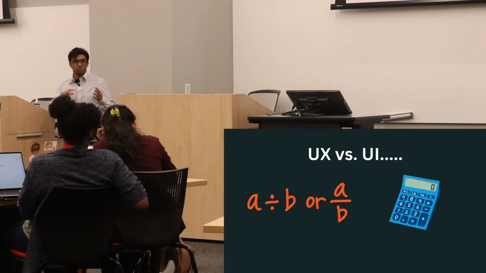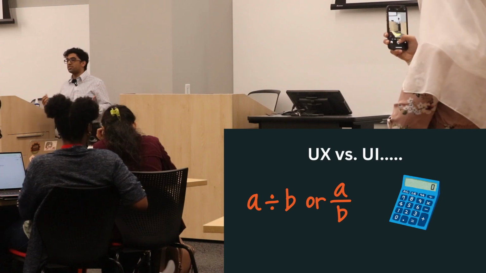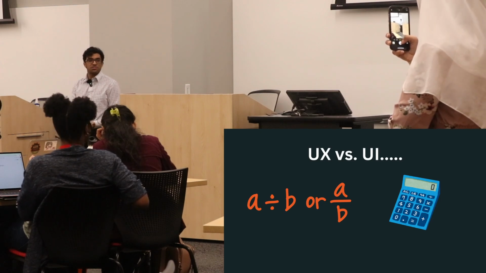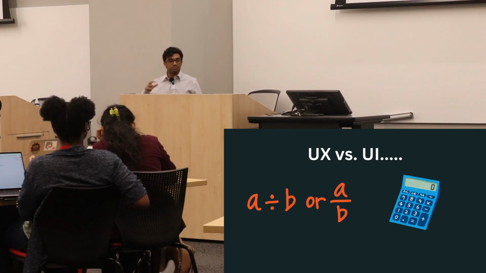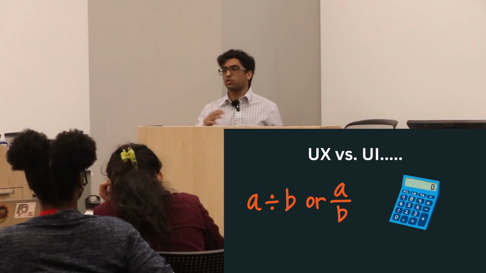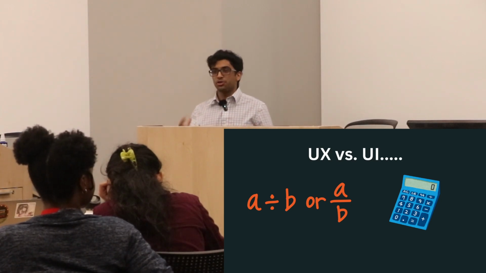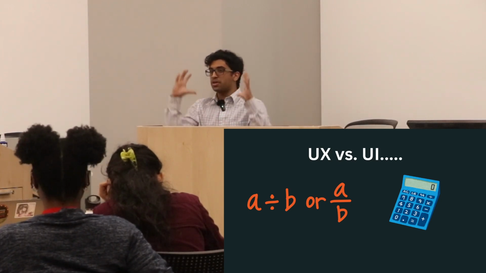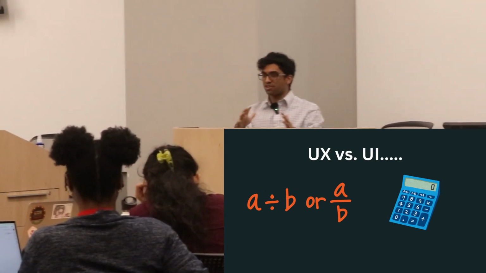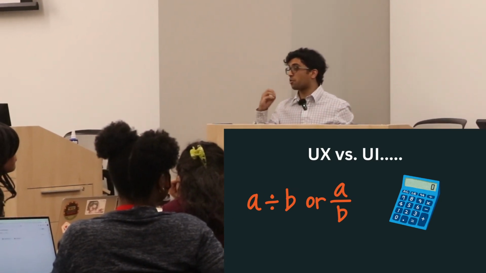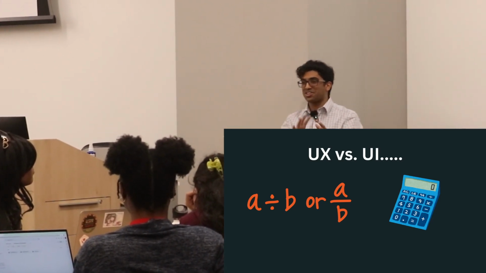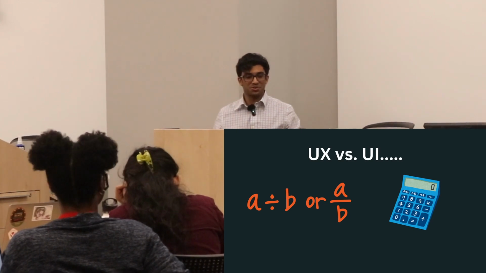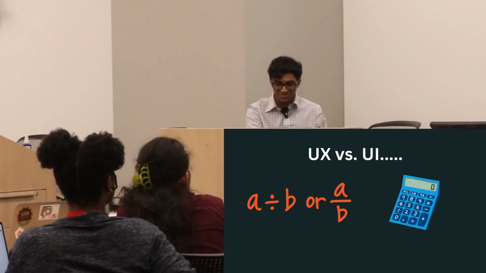So UX revolves around a lot of the core principles of design, like color theory and information architecture. And UI is basically making sure all that is structured and then adding in your buttons and your fonts and your colors and everything just to make it look good. So I hope that analogy came across.